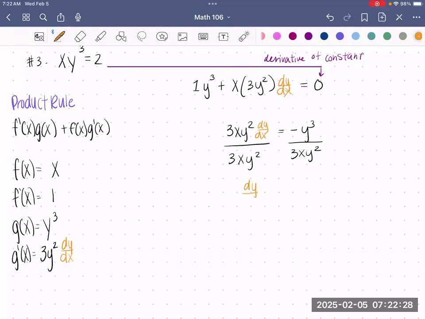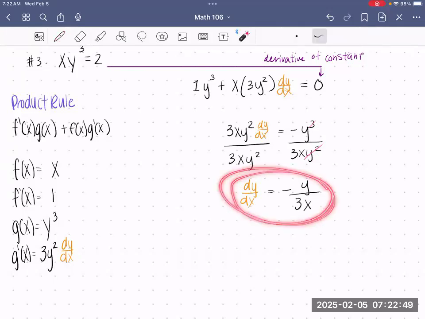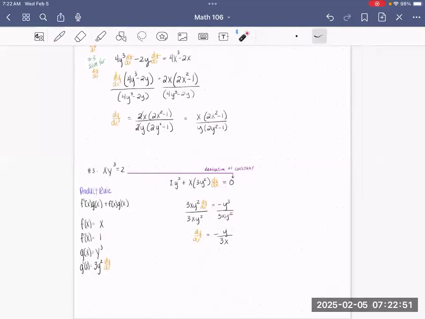So simplify. We should get negative y over 3x. And again, it's negative y because we have 3 y's up top and 2 on the bottom. So it's top heavy with y's.